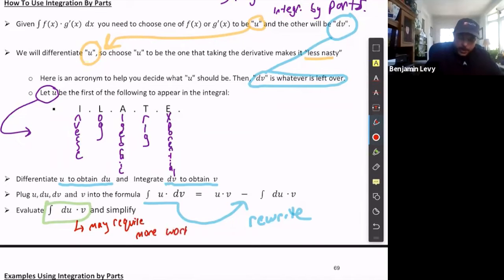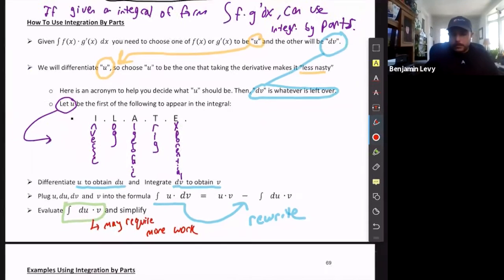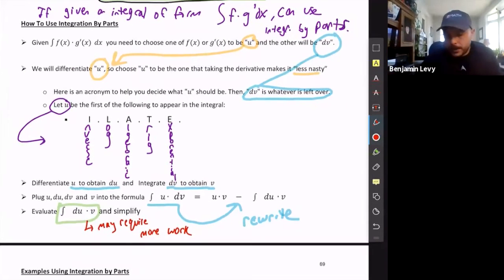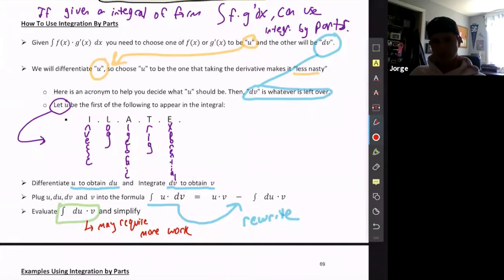Hate to say it, but sometimes you've got to do integration by parts twice. Or maybe it's really fun. I don't know. Maybe you can pretend it's fun or something. Does that ever work? Yeah, super fun. Tyson's into it. That can be fun.